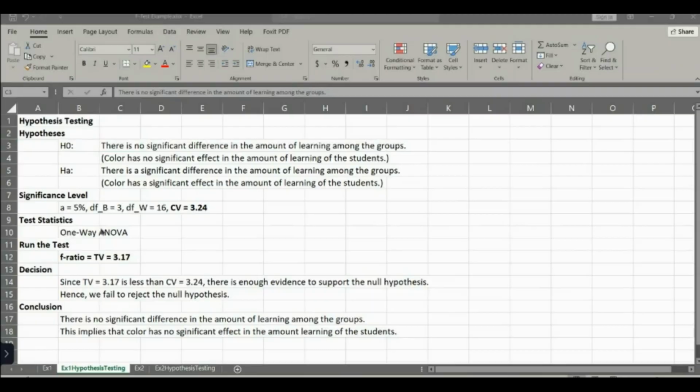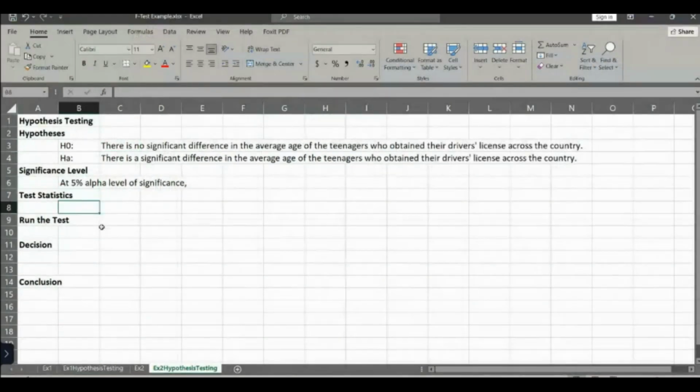But we already knew that we'll be using the one-way ANOVA. So we can now run the test.